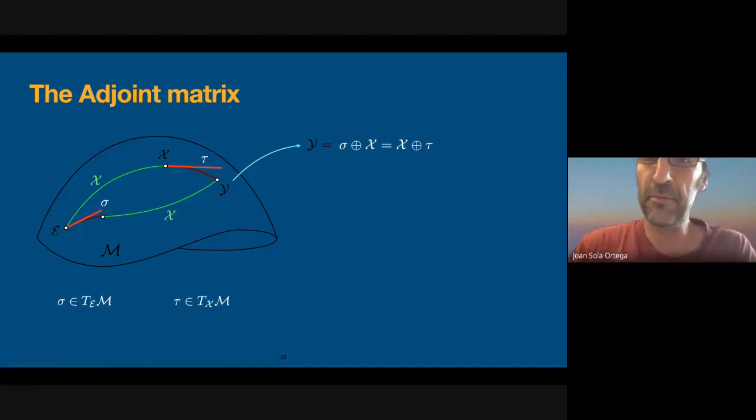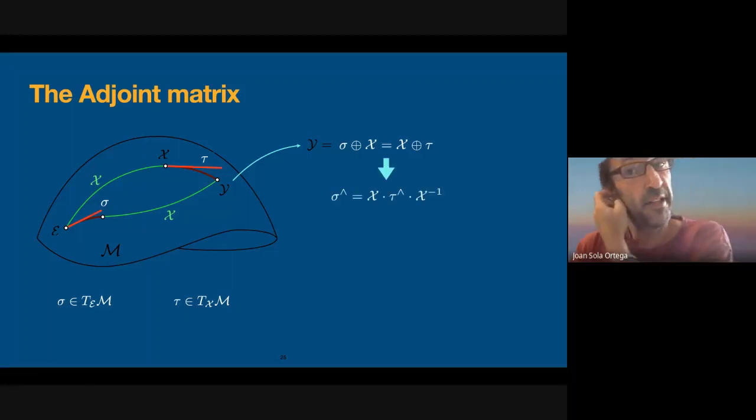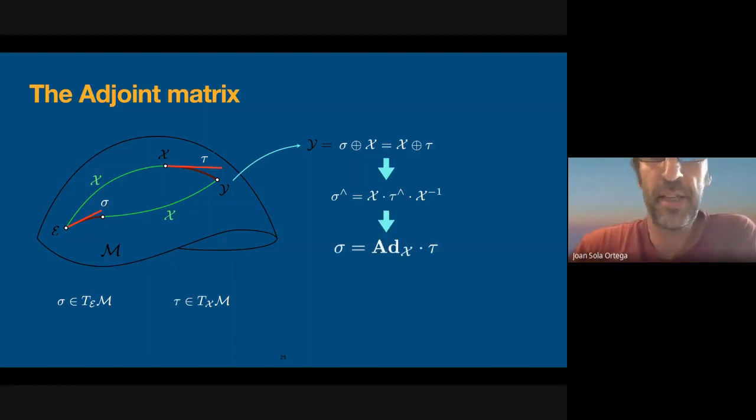And this relation between sigma and tau is called the adjoint. So it's actually linear. And because it's linear, if you represent sigma and tau as vectors, the adjoint is a matrix, okay? If tau and sigma are Cartesian vectors, and there is a linear relation between them, this relation can be expressed with a matrix, all right? And this matrix depends on the point x, because it's the only variable here that is involved, okay?